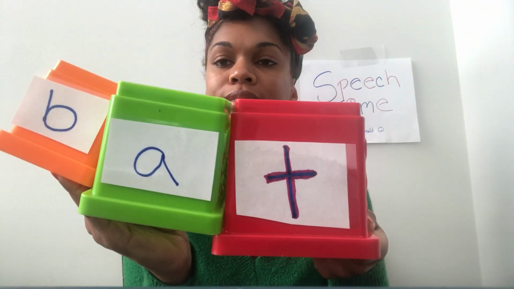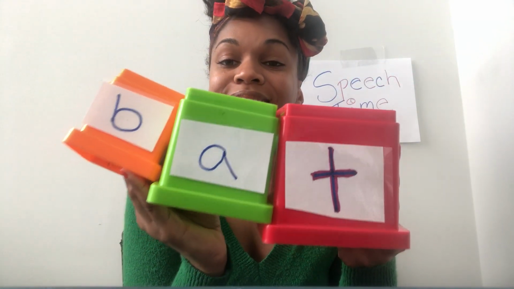Bat. Now we're going to do it, and I'm going to say it just a little bit faster. Let's see if you can make sure not to drop your T. Bat. Bat. If you did it, give yourself a round of applause. Good job. We practiced the word bat.